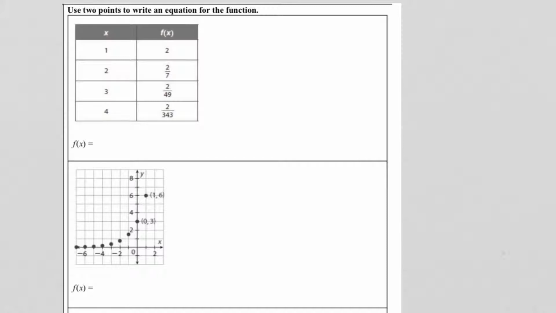So this will be the same thing, right? You know essentially f of 2 divided by f of 1. And that's equal to, f of 2 is 2/7. And f of 1 is 2. And right now we're doing all this to find B, otherwise known as our common ratio.